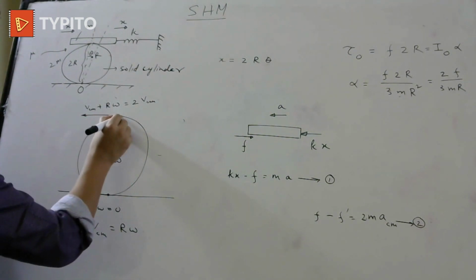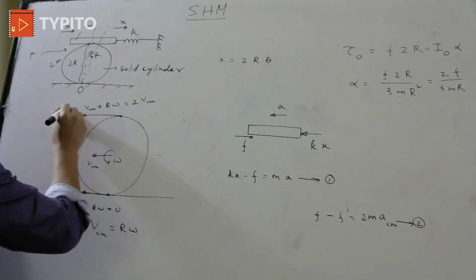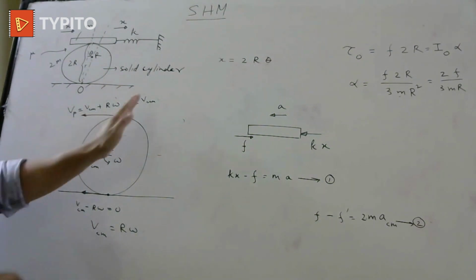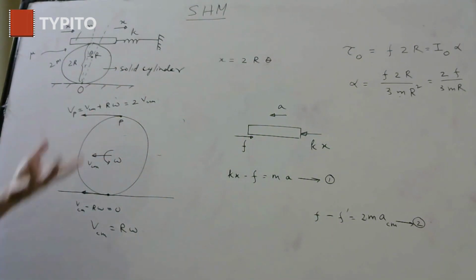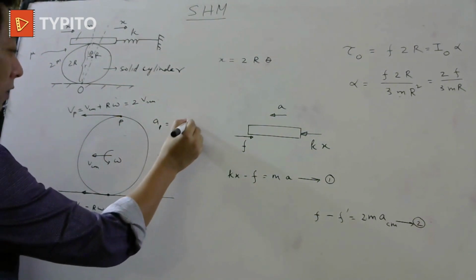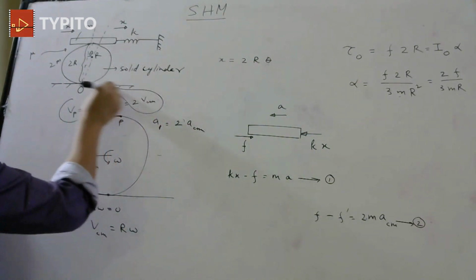So acceleration of this point of the cylinder: this is the velocity of this point. If I call this P, that will be Vp. If you take derivative both sides, you will get acceleration. So acceleration of point P will be twice the acceleration of center of mass. Take differentiation of this equation.